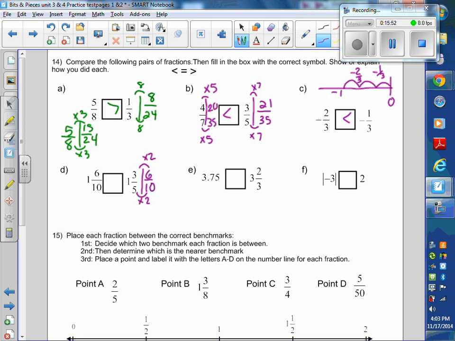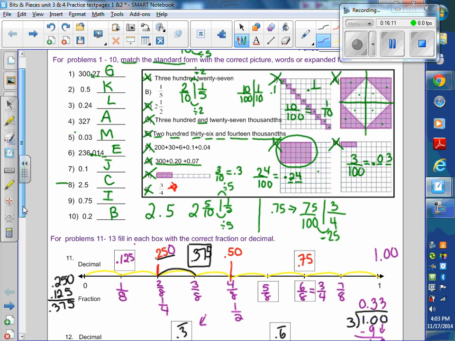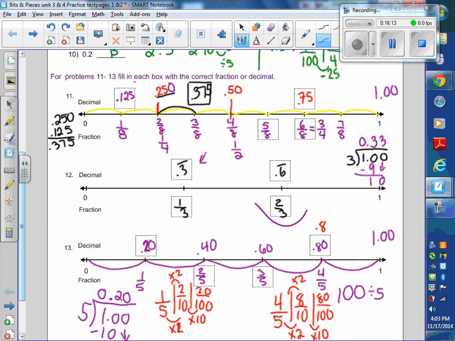And you get 6/10, so they're both 1 and 6/10, so they're equal. Here, using the memorized fraction from the previous page, that's 3.6 repeating. So that is right here, 2/3.